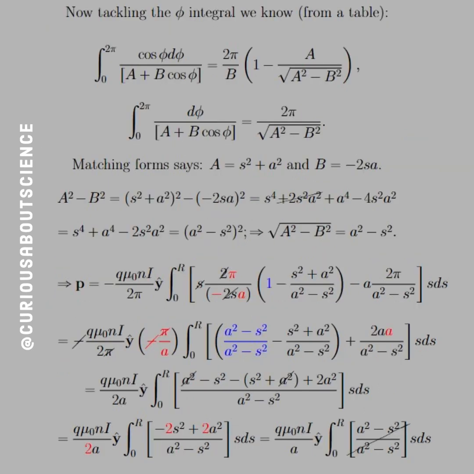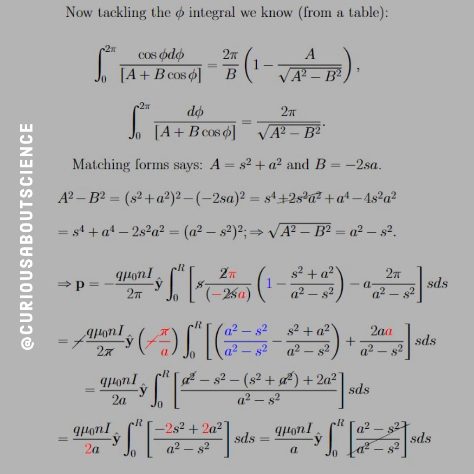This is very messy, as you might expect, so to tackle the phi integral, we pull up this form from the table. On the right-hand side we have 2 pi over b times (1 minus a over the square root of a squared minus b squared), and another one, the integral of d phi over a plus b cosine phi, is equal to 2 pi over the square root of a squared minus b squared. Again, those are found in the integral table.